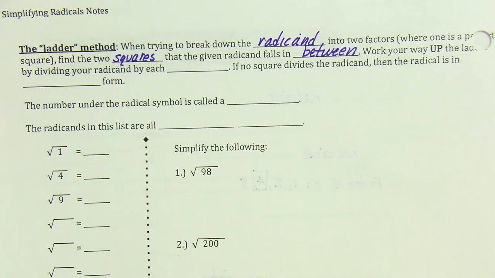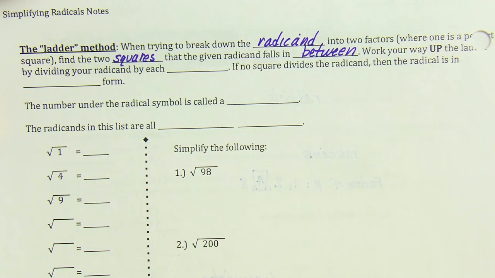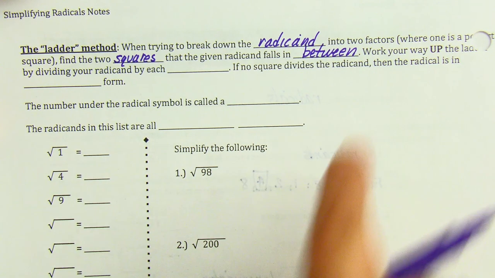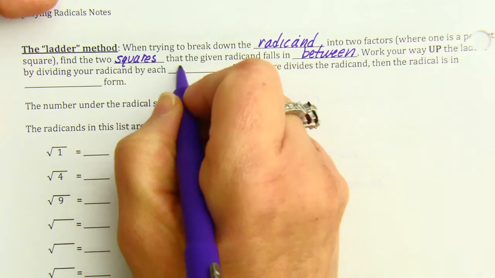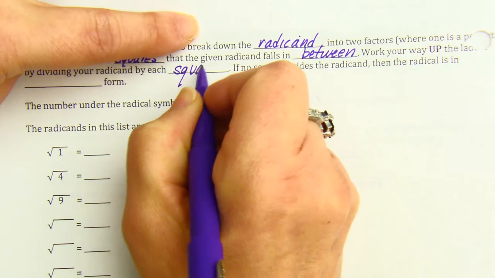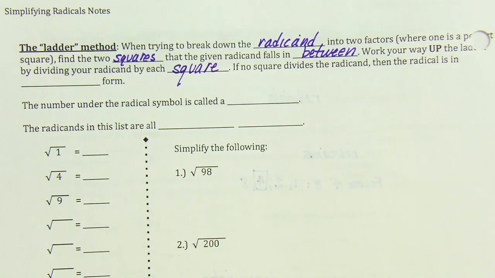And I'm going to work my way up the ladder to figure out which square, if any, divides 98. So it says, work your way up the ladder by dividing your radicand by each square. If no square divides the radicand, then the radical is in simplest form.